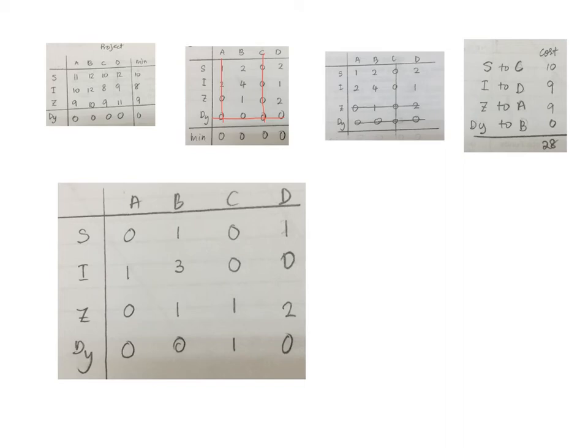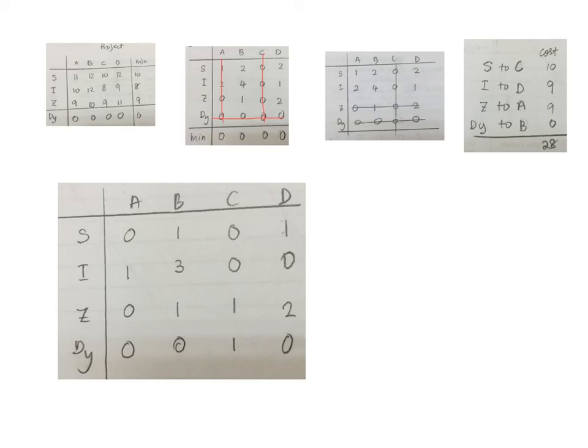We can see that we can draw the minimum number of lines that cover all the zeros. You can see that 1 line, 2 lines, 3 lines, 4 lines, 5 lines. So this is 5. Let's try and draw 4 lines. 1, 2, 3, 4.